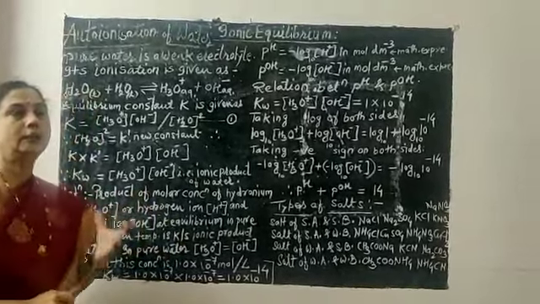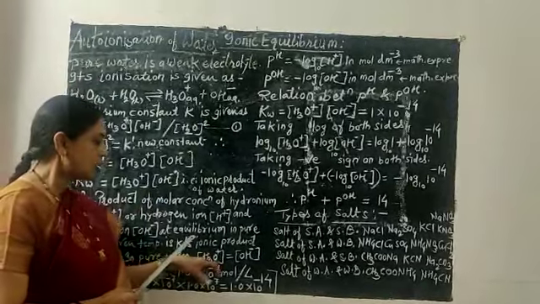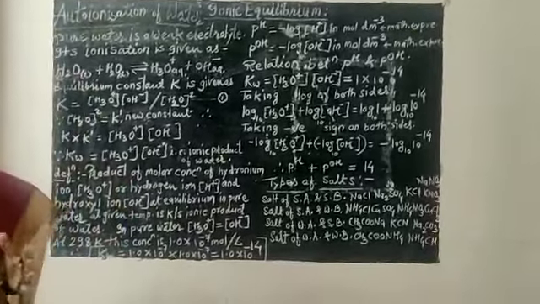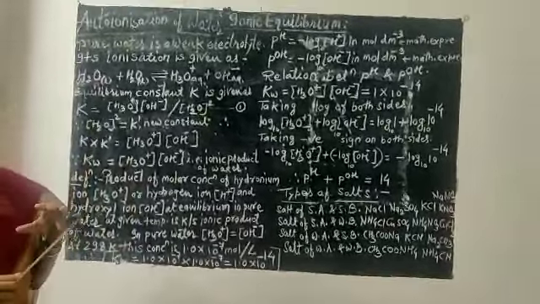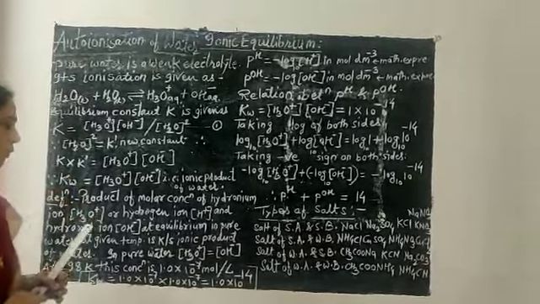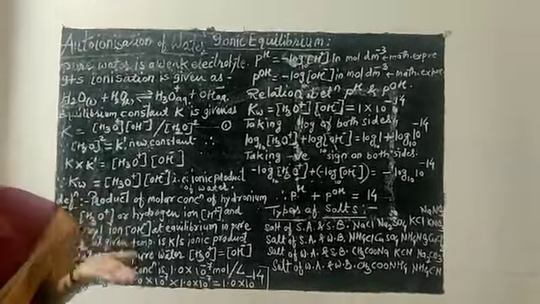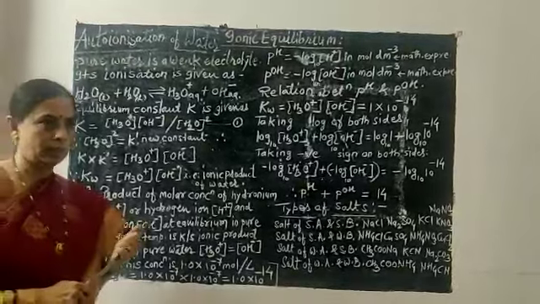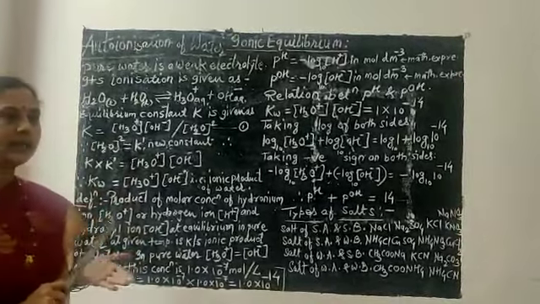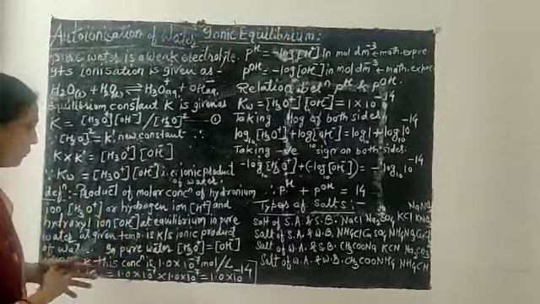Now consider, in a beaker pure water is present, and therefore the concentration of H plus and OH minus ions is the same. But if you add some acid to the solution, what will happen? Since it is an acid, it will produce H plus ions in the water, and therefore when acid is poured into pure water, the concentration of H plus ions goes on increasing.